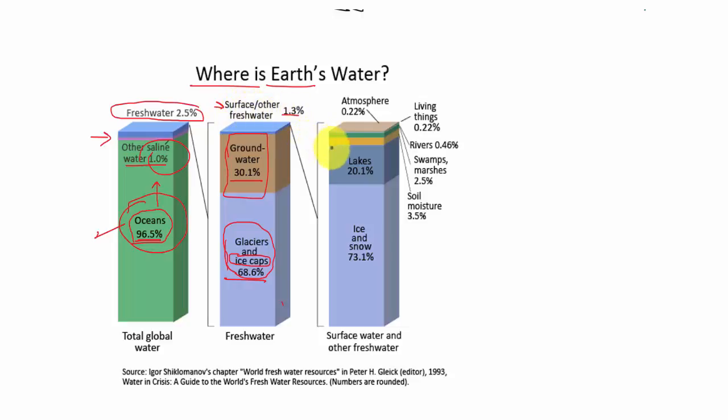Now we can have a look at the distribution of this 1.3% of fresh water. Out of this, ice and snow constitute 73.1%, lakes constitute 20.1%. Now we have soil moisture, rivers, swamps, other living beings, atmosphere, all these things in a very tiny fraction, a very tiny fraction of a very tiny fraction, you can say. And we are passing through great changes in our structure and our modes of consumption.